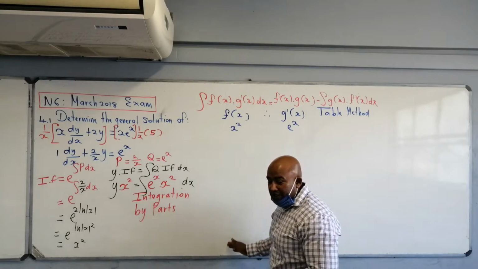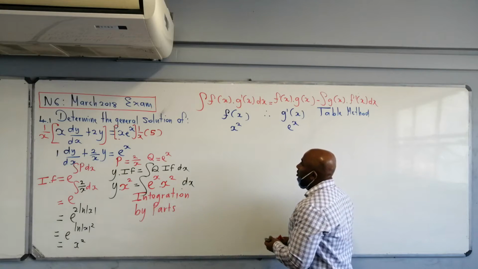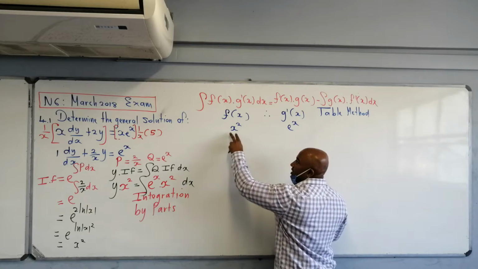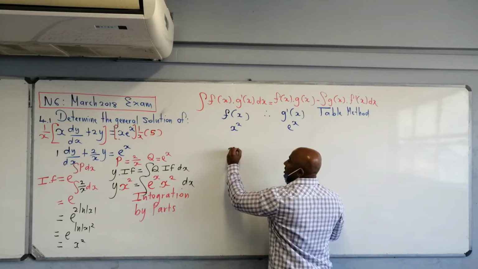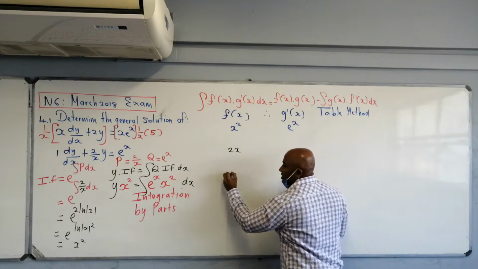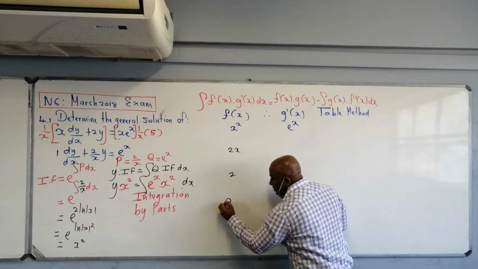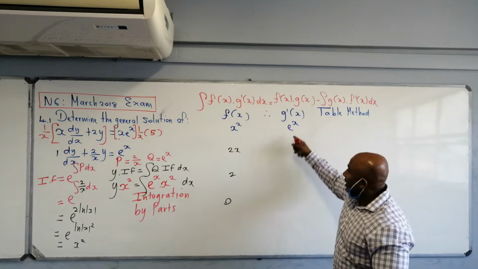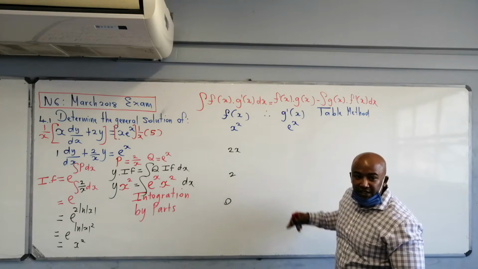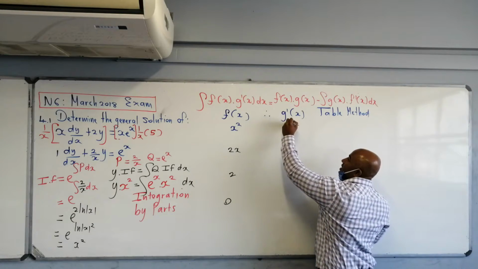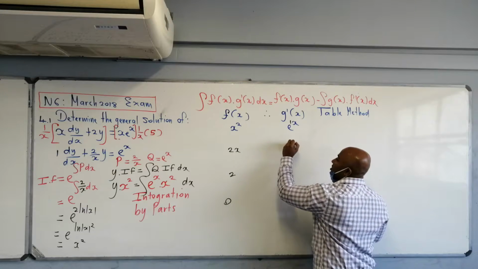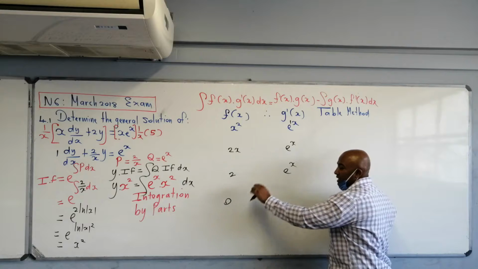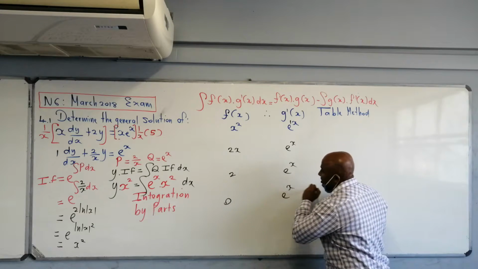But there's an easy way to do this. All you do is identify f of x and differentiate it. The derivative of x squared is 2x, the derivative of 2x is 2, the derivative of 2 is 0. You differentiate down to 0, and in line you integrate everything. So you integrate e to the power x, it's just e to the power x. Integrate it again, e to the power x. Integrate it again, e to the power x.